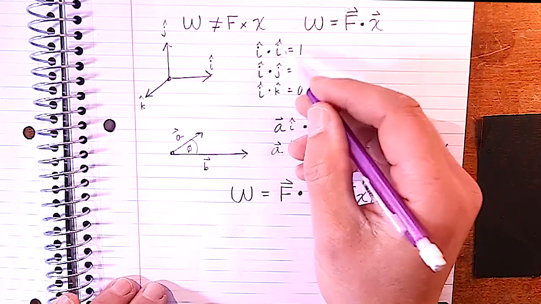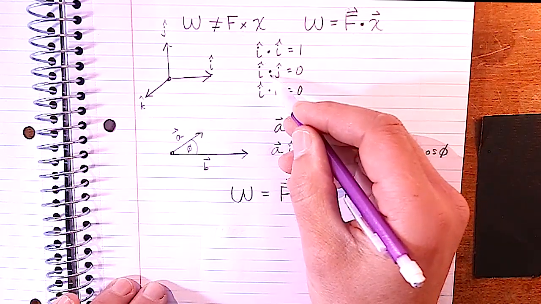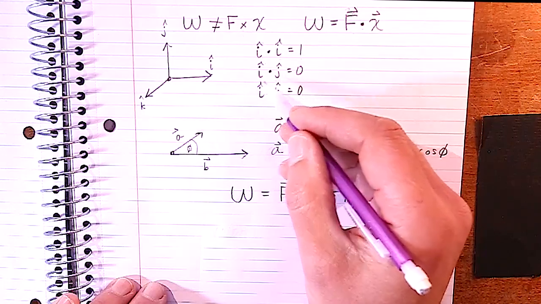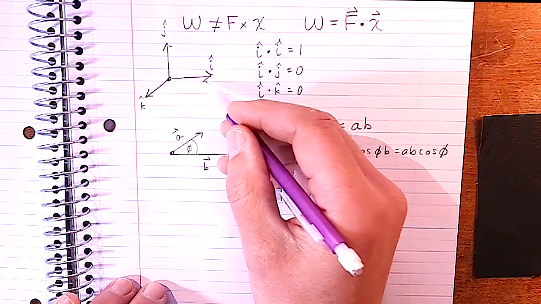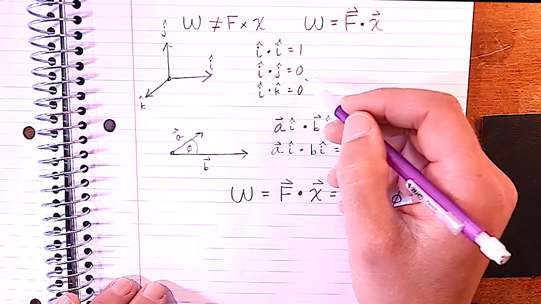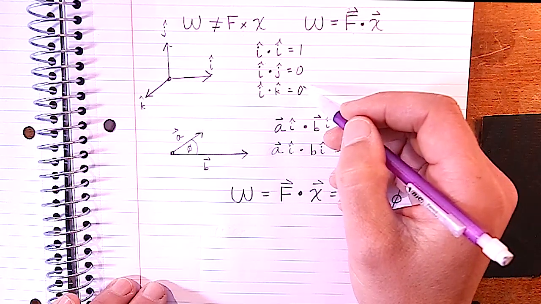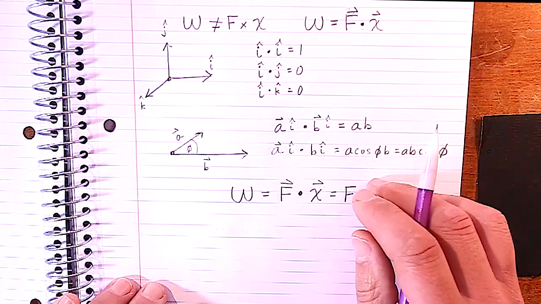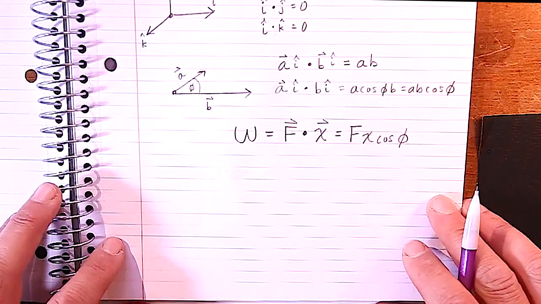So these are called unit vectors. But if we multiply as a dot product two vectors that are at 90 degrees to each other, whether it's I-hat dot J-hat or I-hat dot K-hat, those are 0. So that would be like saying the work done of two vectors that are perpendicular to each other would be 0. Well, what happens when the vectors aren't perfectly parallel to each other?